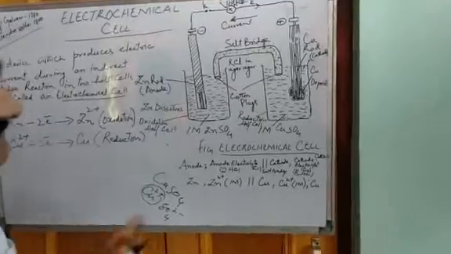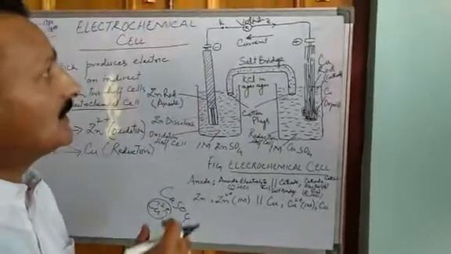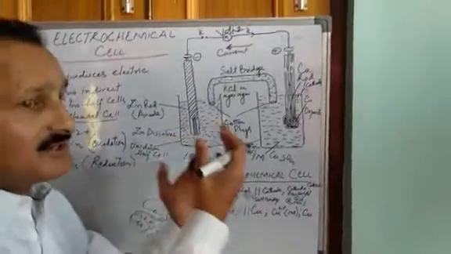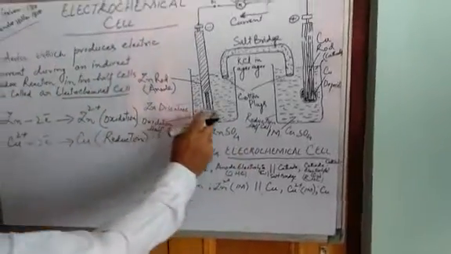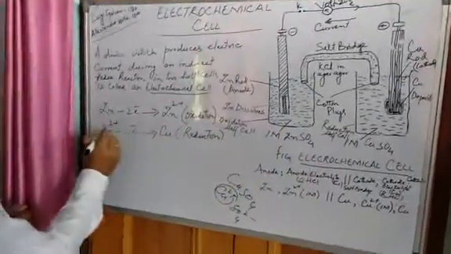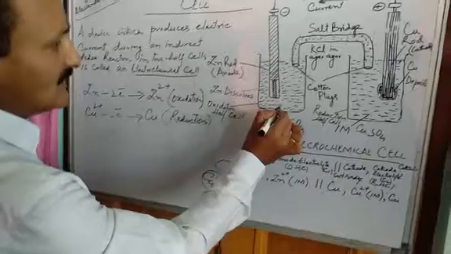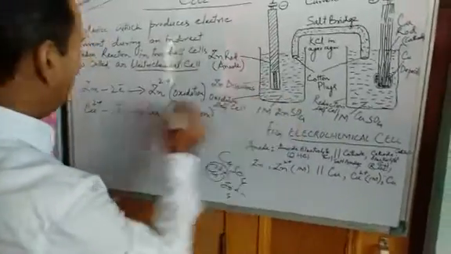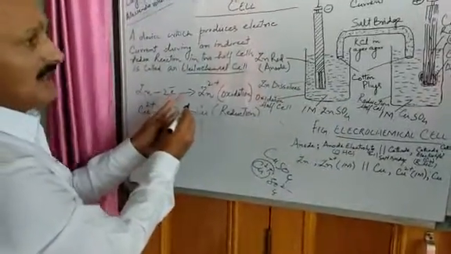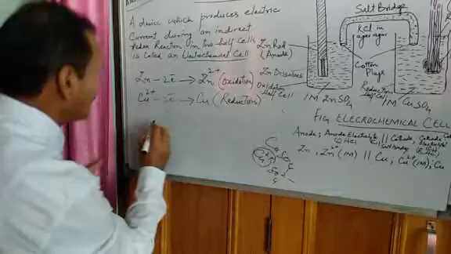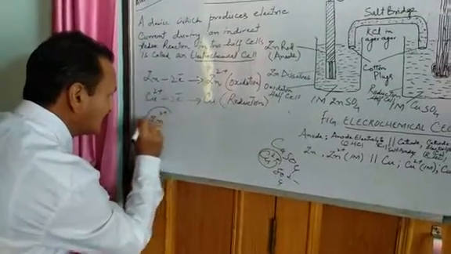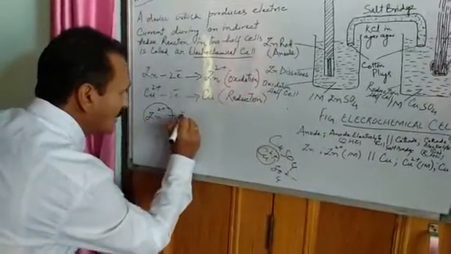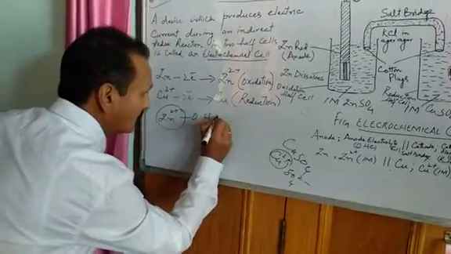But during this process, during these oxidation and reduction redox reactions, what happens? In this half cell, since zinc has lost electrons, the concentration of Zn2+ ions increases, in the oxidation half cell.